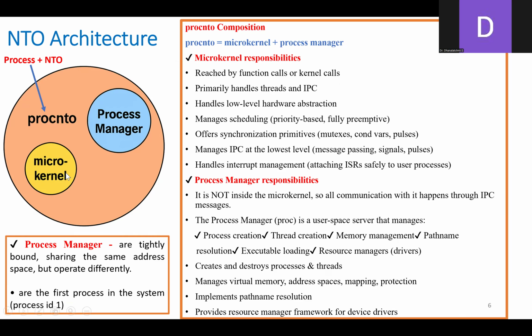And it offers synchronization primitives like mutex, conditional variable or pulses. Next, it manages IPC at the lowest level, either message passing, signals, or pulses. And it also handles interrupt management, attaching the ISR safely to the user process.